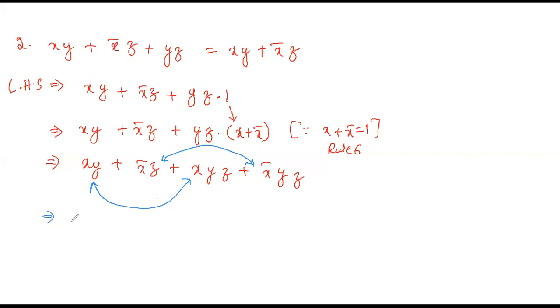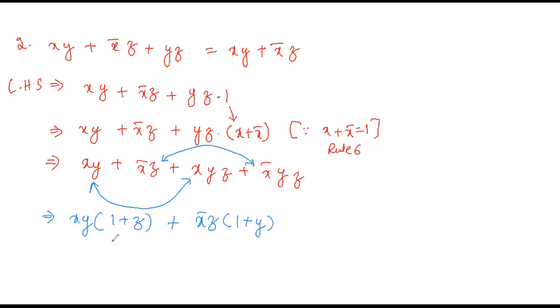Now you will get xy, and taking xy common from these two you can write 1 plus z. Similarly, x bar z you can take common, and write 1 plus y from these two terms.